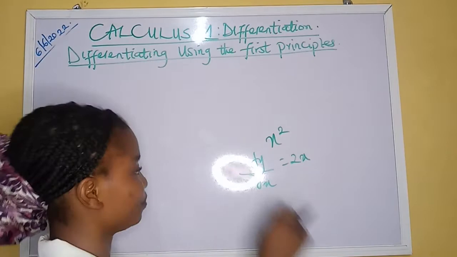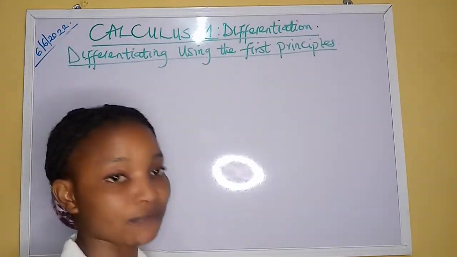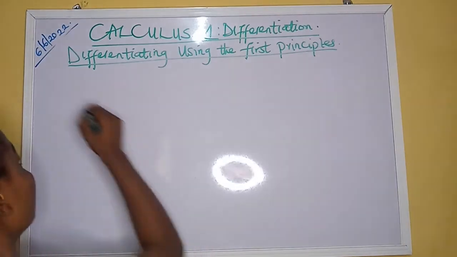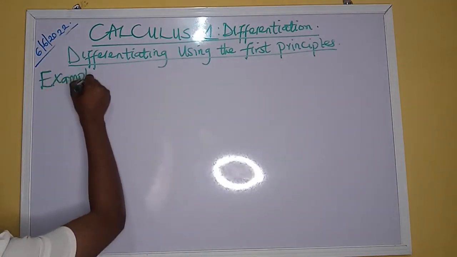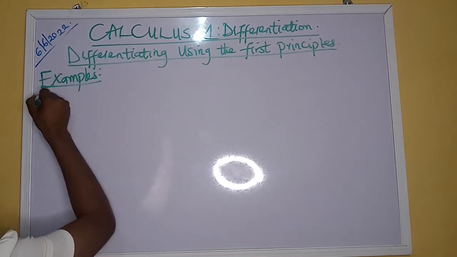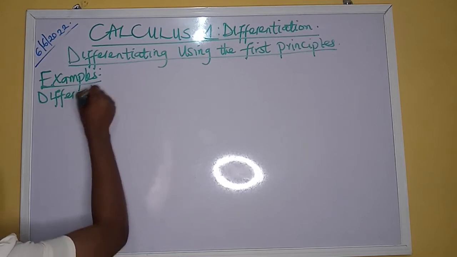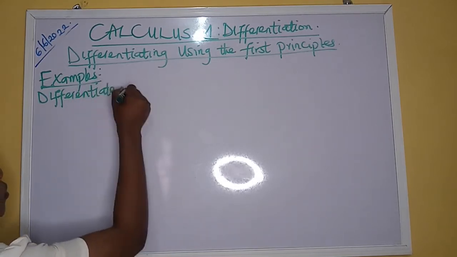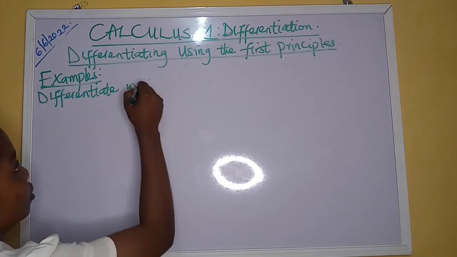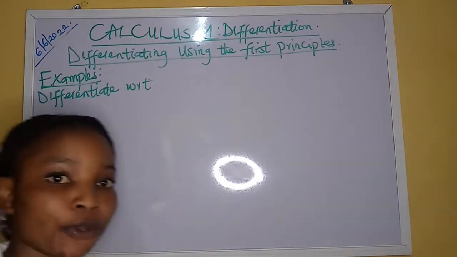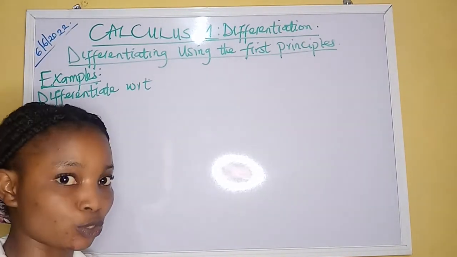Let's go. Now the first principle works like this. For instance, let's write out some examples. When you're asked to differentiate with respect to x, let's note that when I write WRT, that is with respect to.